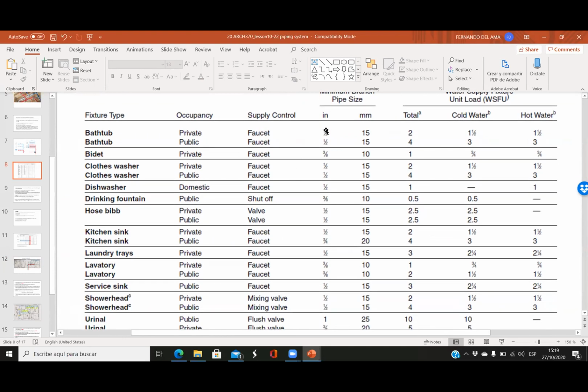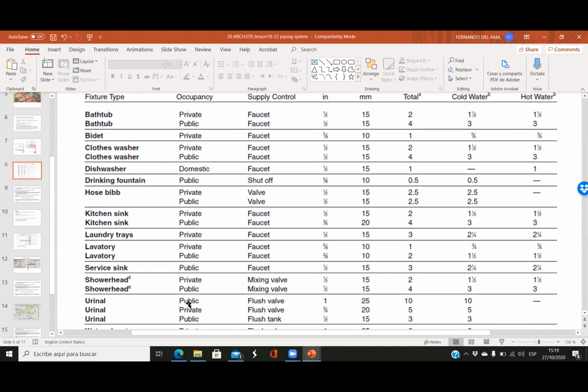Okay, most of them are half inch, as you can see. But for example, a urinal in a public building with a flush valve, we need 1 inch. If it's a flush tank, we have half inches, and we have a flush valve, but it's a private one, it's 3/4.